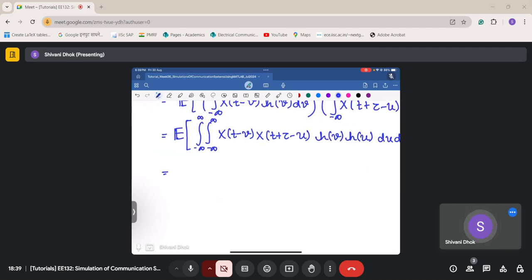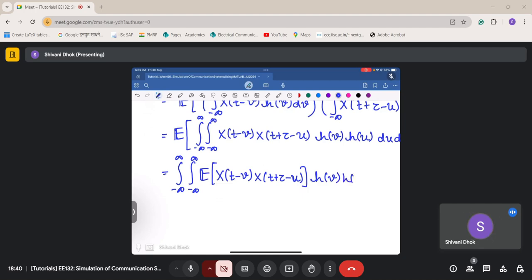Then we can take the expectation inside by the linearity property. So we have the expectation of x(t minus v) into x(t plus tau minus u), and h(v) and h(u) are constants, so we have h(v) into h(u) du dv.